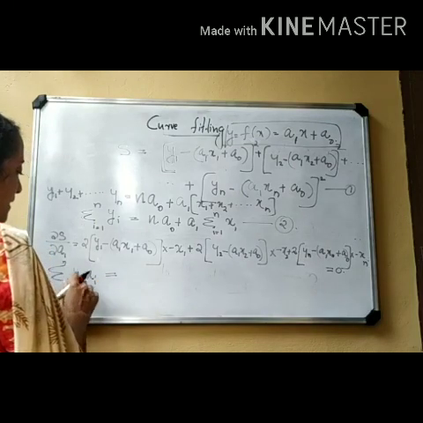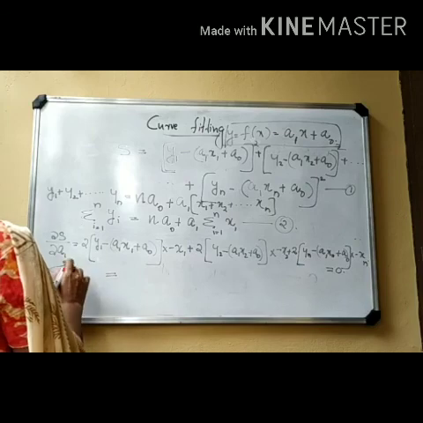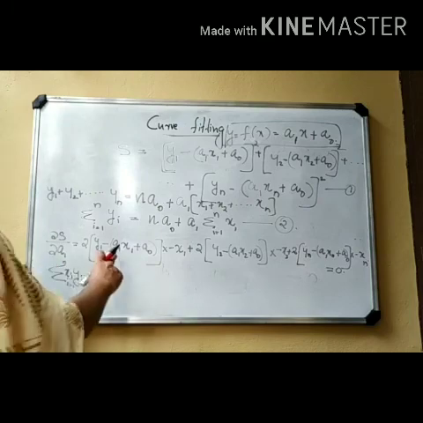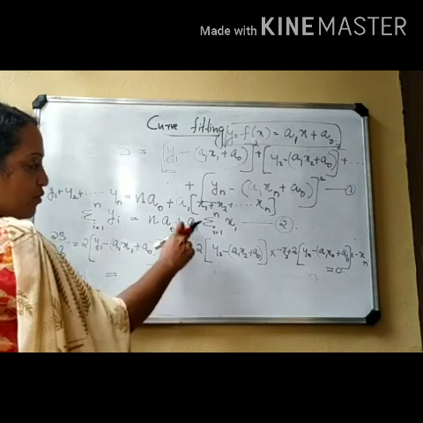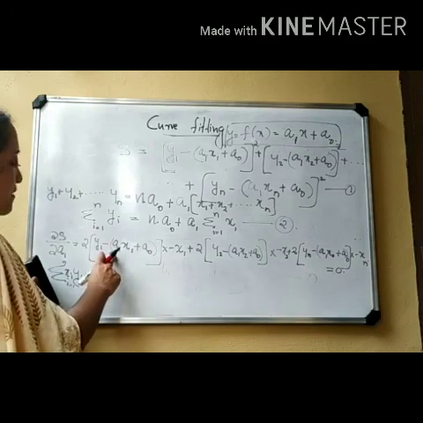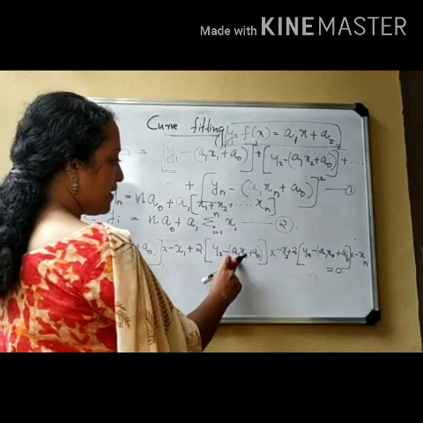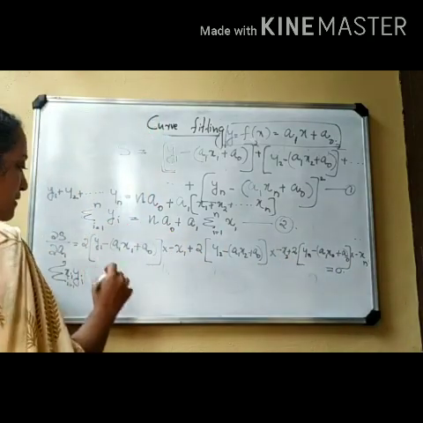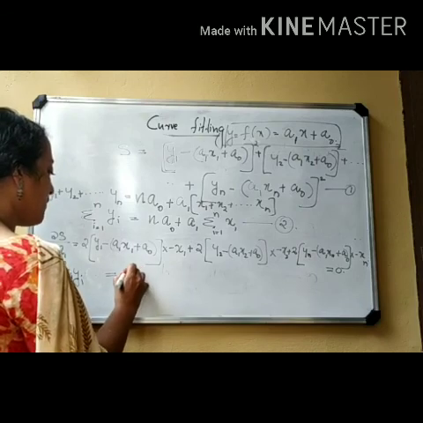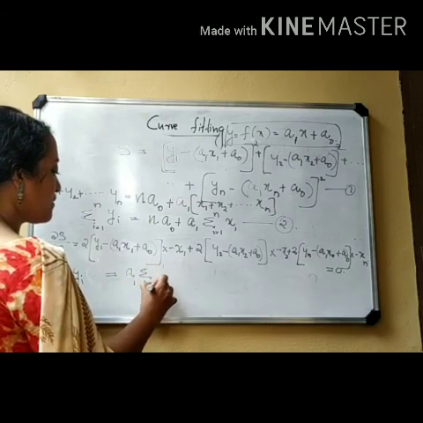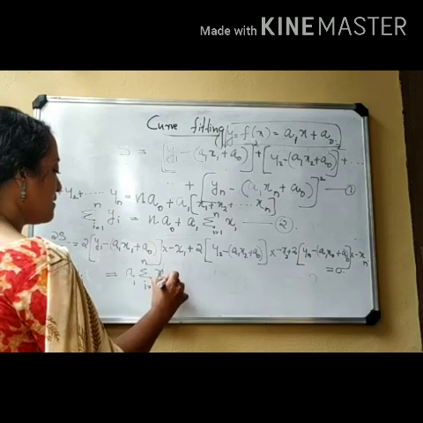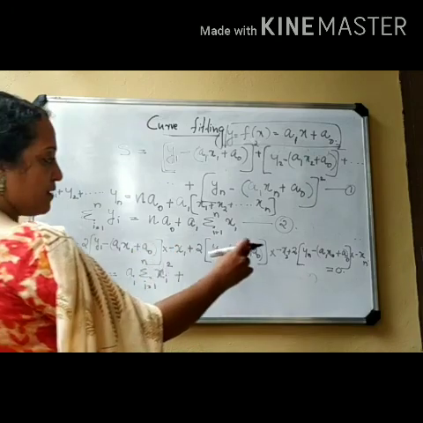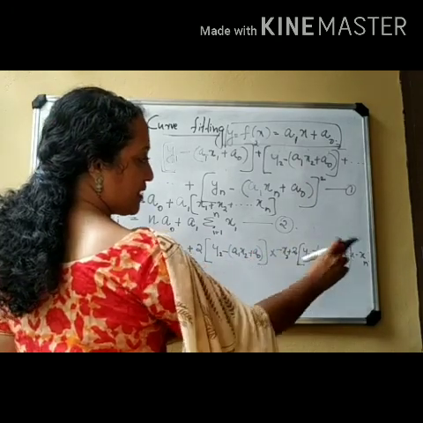Then sigma i xi yi, we can write x first. Xi yi is equal to, then the next term is a1 x1. This goes to the right side so that the sign becomes positive. a1 x1 square, a1 x2 square, a1 x3 square, etc. So that we may write this as equal to a1 times sigma i equals 1 to n xi square, plus here a0 into x1, a0 into x2, similarly a0 into xn.